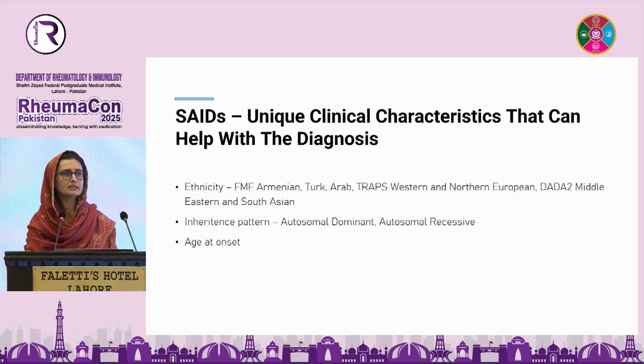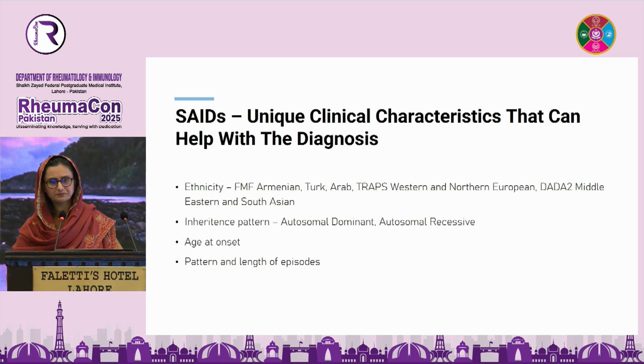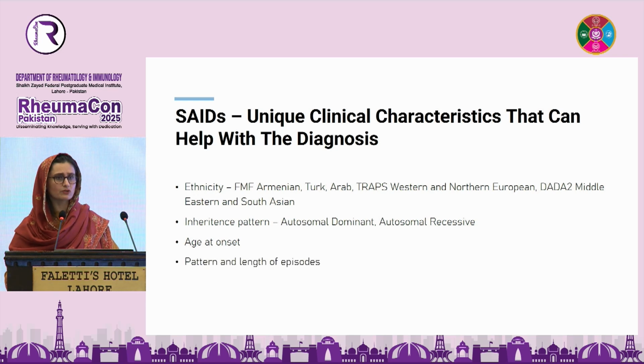Some of these diseases manifest during the first few weeks of life. The best examples are SINCA, NOMID, or DIRA. And sometimes the age of onset is after 5 years of age but less than 10 years of age. So that can also guide us towards a particular diagnosis. Then the pattern and length of episodes is also important, as we shall see subsequently.